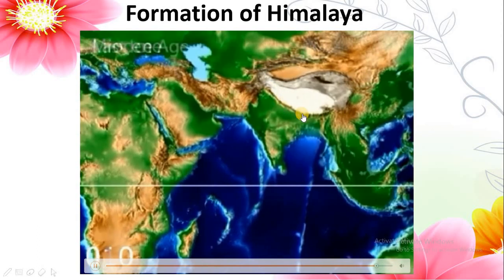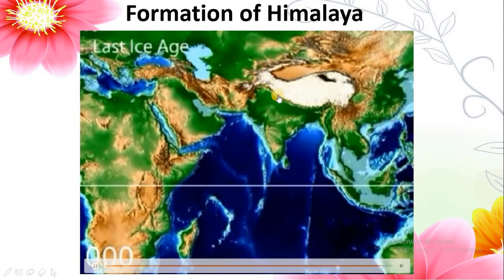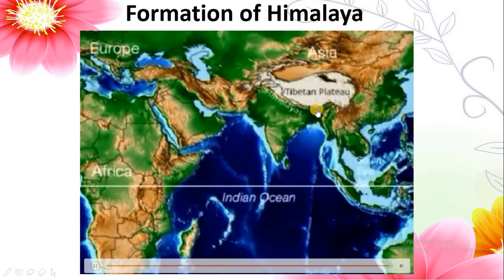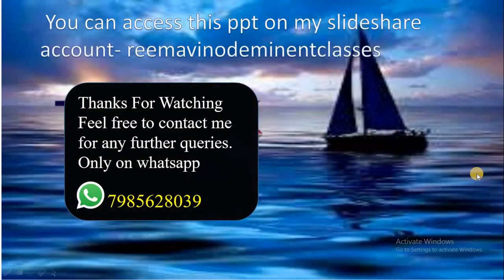The West Asia mountain ranges have been formed, and the Himalaya ranges have been formed in this way. So finally we have understood how the Himalayan mountains were formed. Thank you for watching this video.